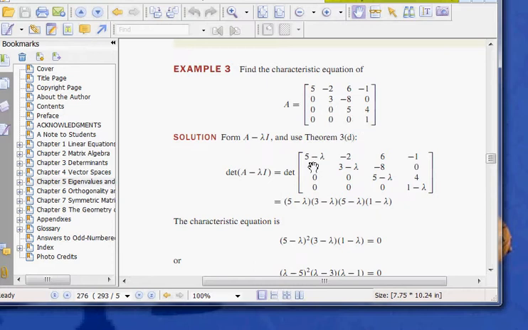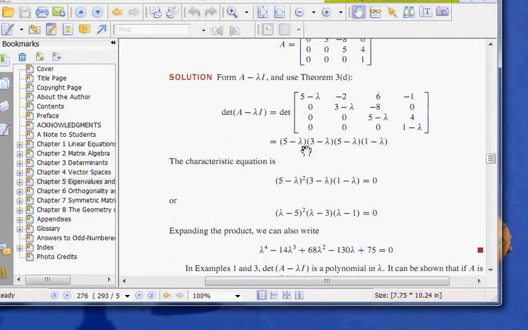You don't need to change anything else. All you need to change is 5 minus lambda, 3 minus lambda, 5 minus lambda, and 1 minus lambda, okay? And this shortcut, well, really it isn't a shortcut. It comes from a definition, but this, I'll say, trick works anytime you see this A minus lambda I, okay? So you find the determinant, and it's this expression right here.